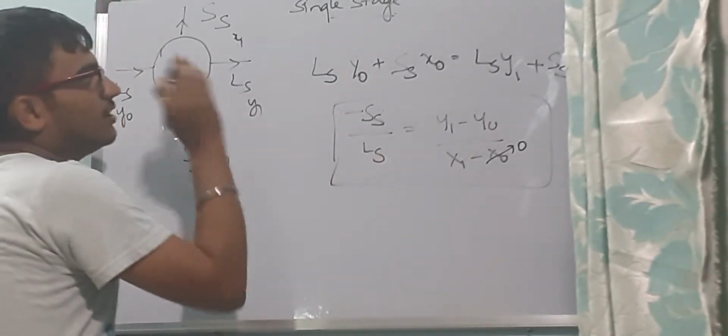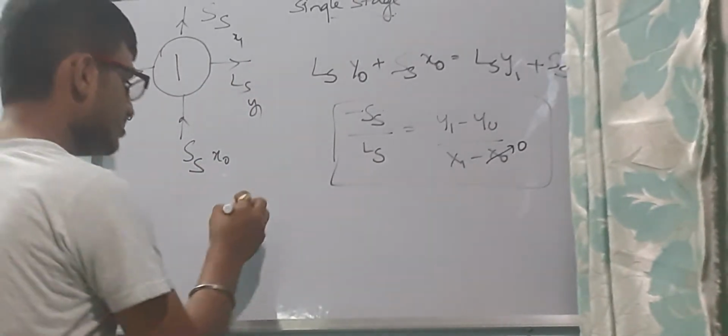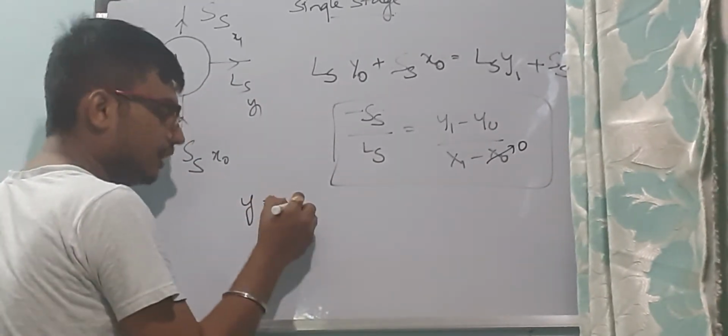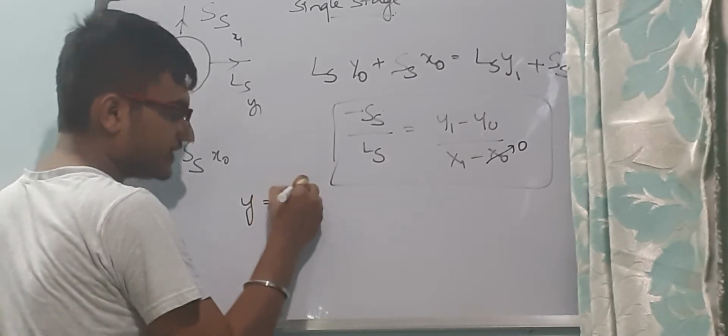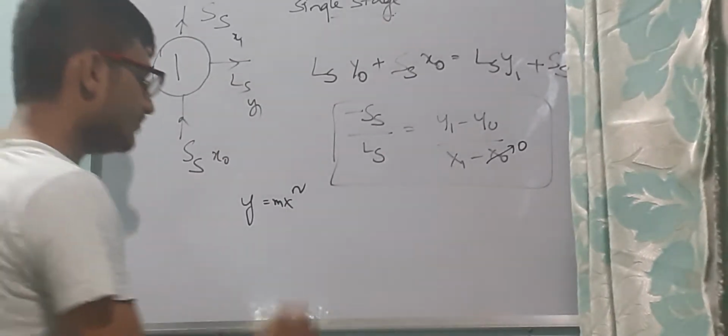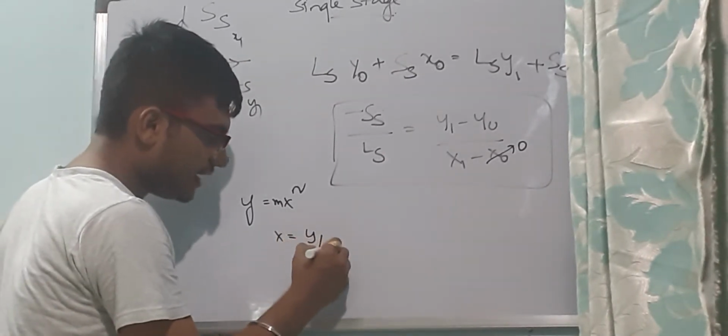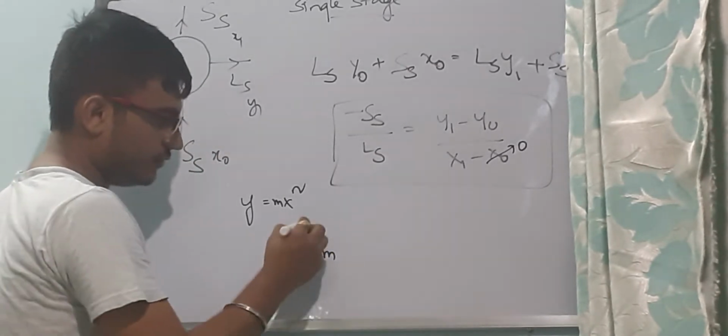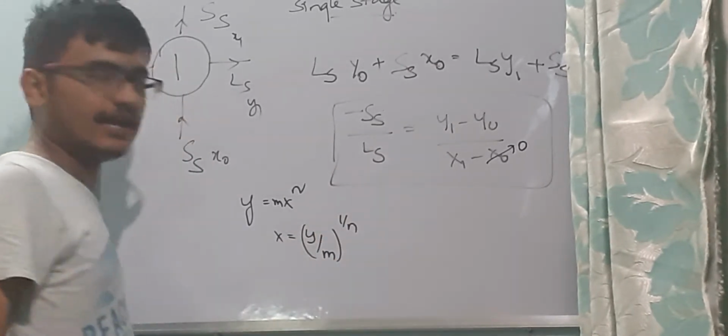Now if the system or the process follows the Freundlich equation, then what is Y? Y is equal to m X to the power of n. So from this what is X value? X is Y by m to the power of 1 by n, right?